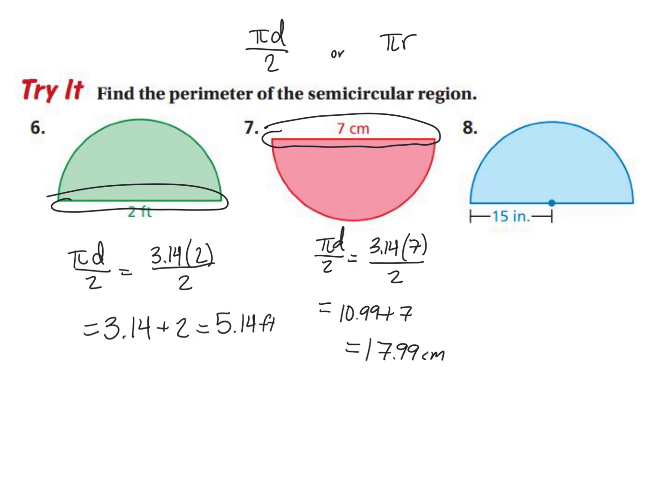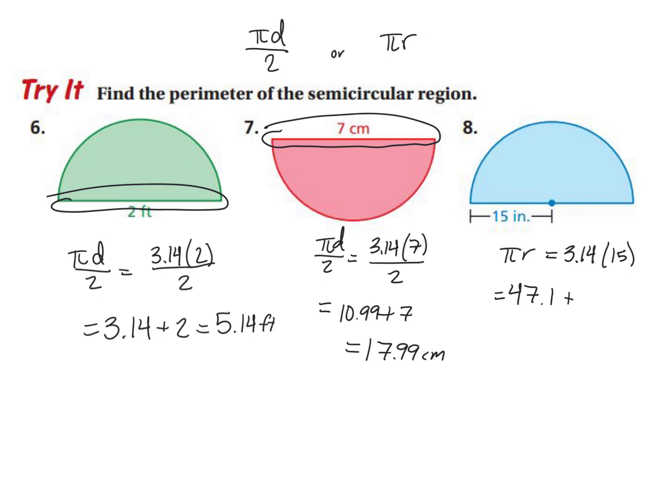In number 8, I actually have a radius this time, so we're going to use the other one. My other formula says that I can just use pi times the radius. In this case, I'm going to do 3.14 times my radius of 15 inches. This is going to be equal to 47.1. I then need to add my diameter, my full section.